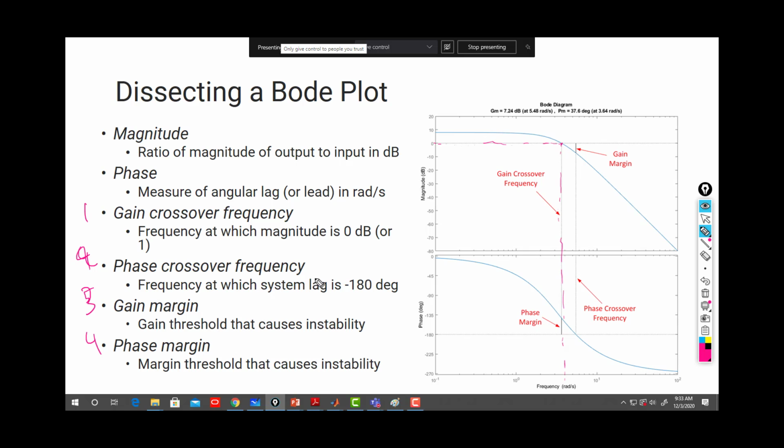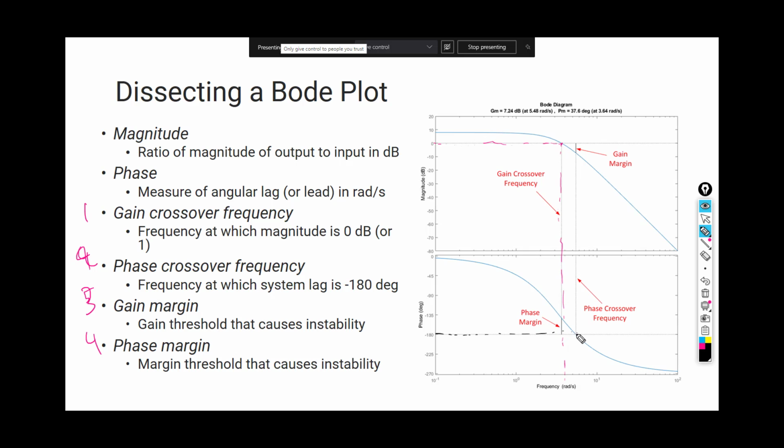Phase crossover frequency is the frequency at minus 180 degrees. So like here, this is around 6. So you see this 6, this 4.